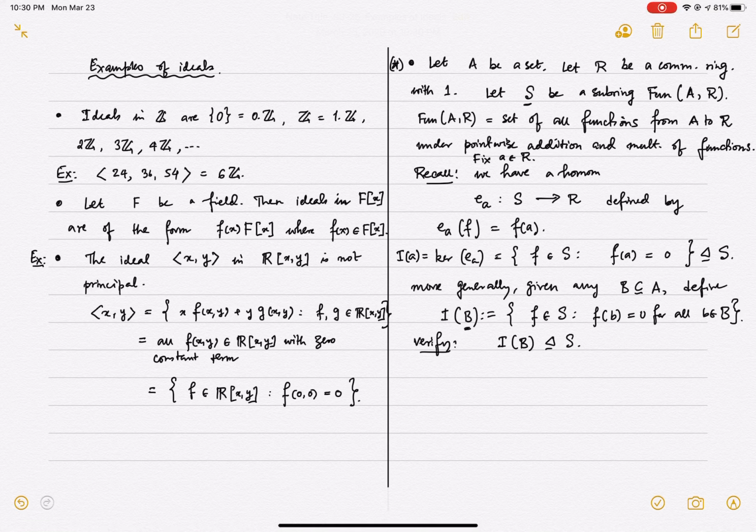I mean, it's a very straightforward construction. Just as I told you that these homomorphisms are very important, these ideals are also very important.